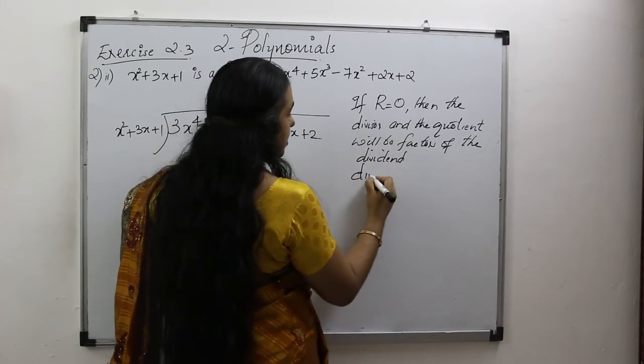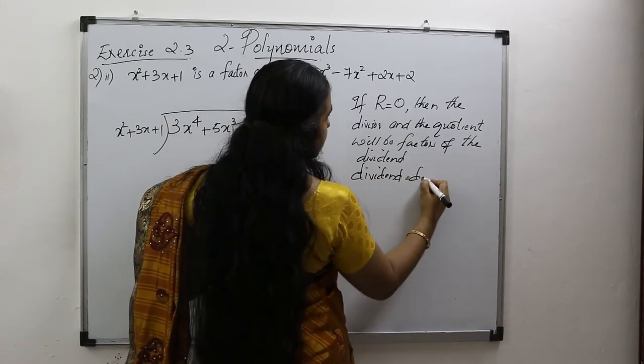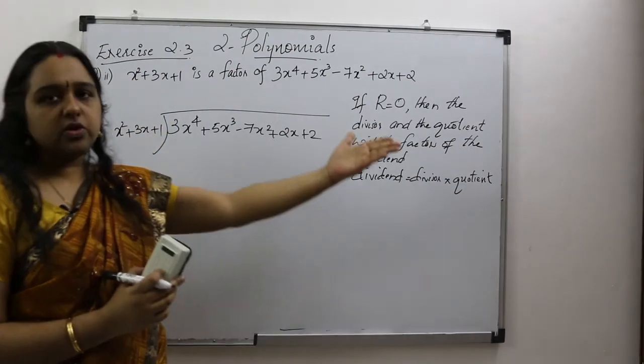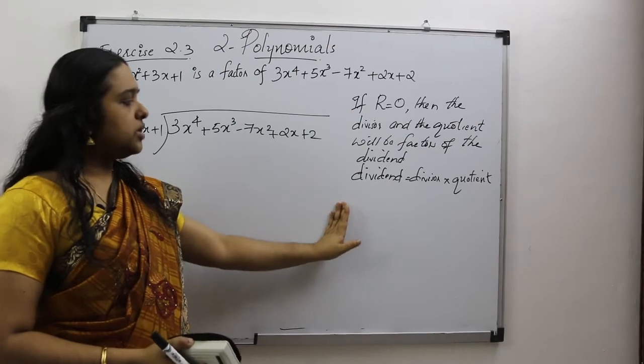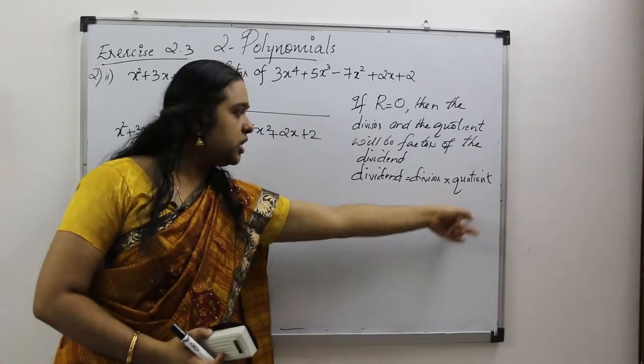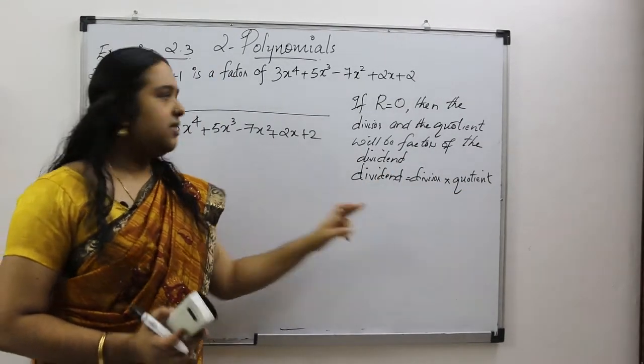That is, dividend equals divisor into quotient plus remainder, and the remainder is 0. So dividend equals divisor into quotient. If remainder equals 0, then the divisor and quotient will be factors of our dividend.